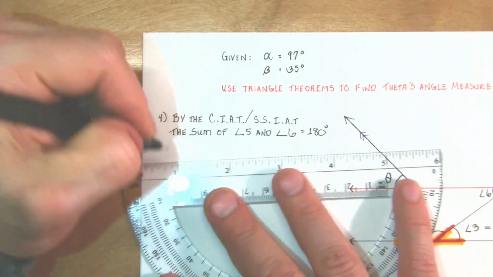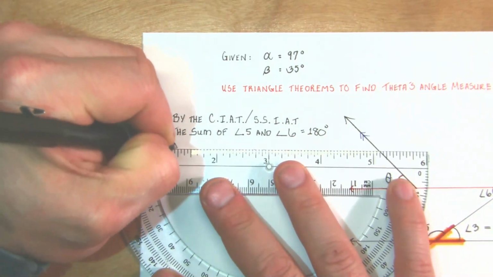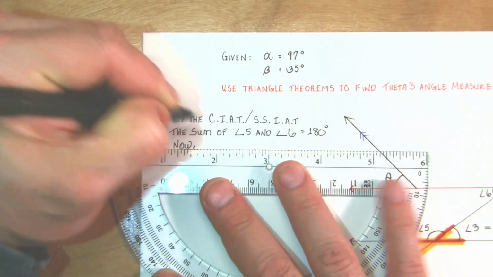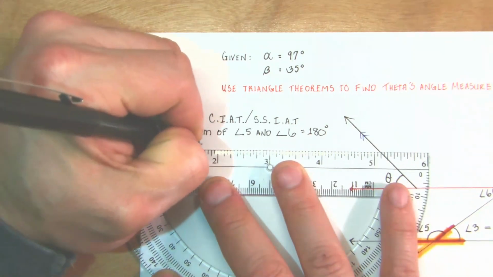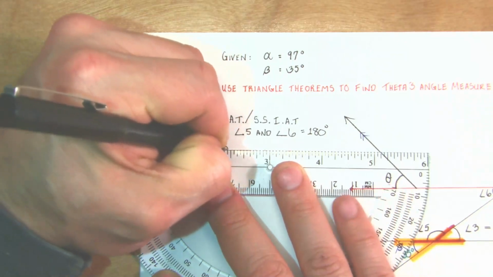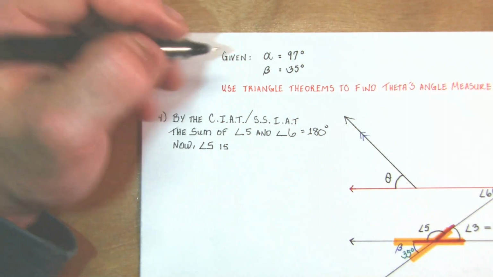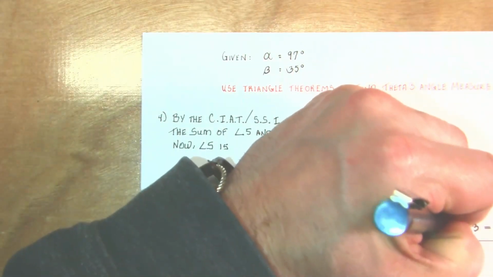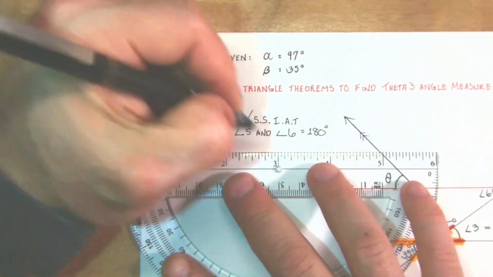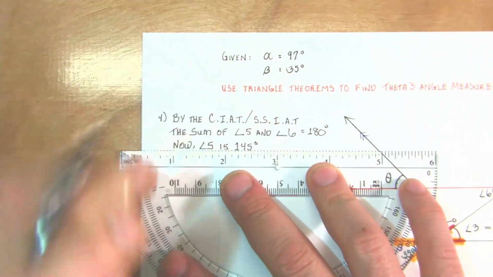So what you do is you say, well, now, angle 5 is 145. We already proved that, okay? Angle 5 is 145 degrees.